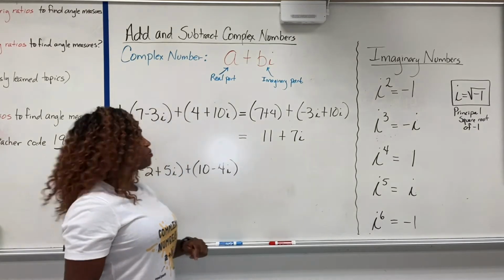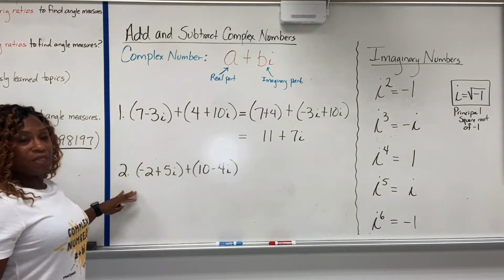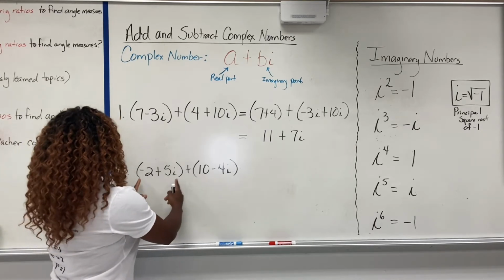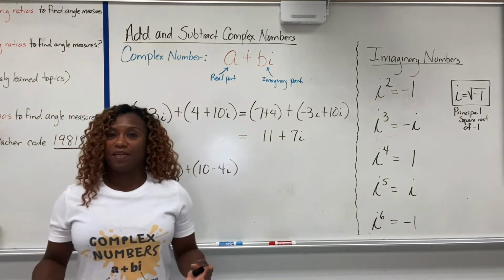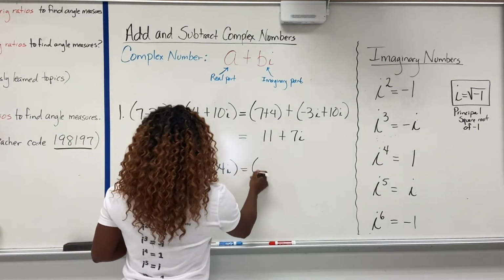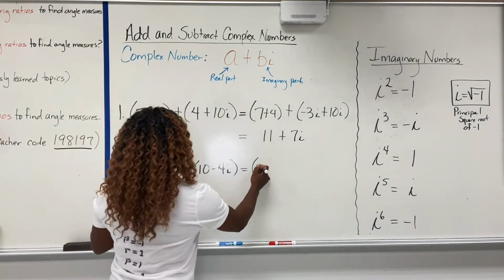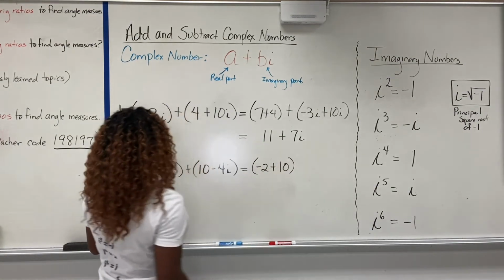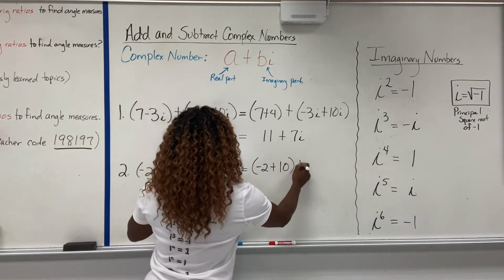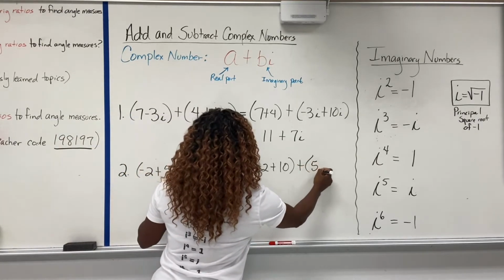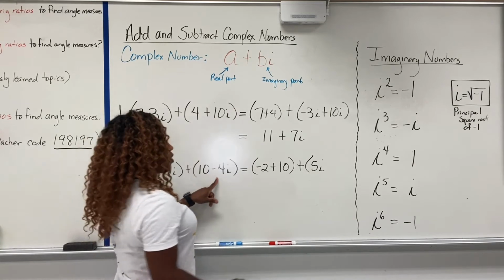It turned out to be a complex number because there's the real part, there's the imaginary part. Number 2, again, I've got two complex numbers that I'm going to add together. So I'm going to group them together and combine these like terms. First, I've got -2 plus 10, added to 5i, the imaginary part, minus 4i.